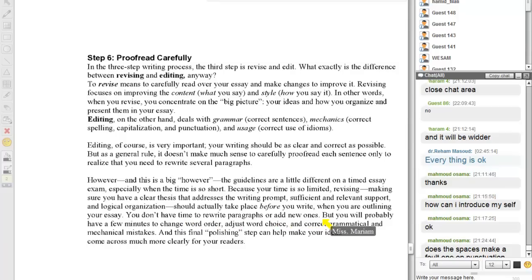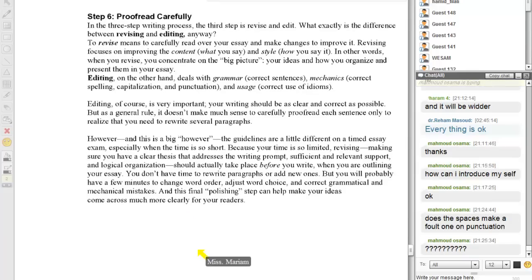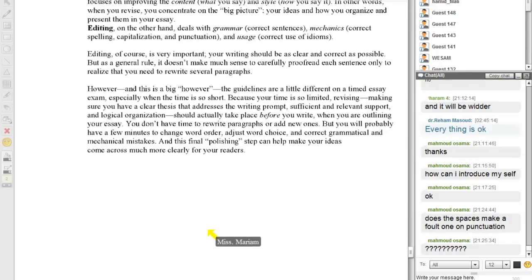You don't have time to write paragraphs or add new ones, but you will probably have a few minutes to change word order or adjust word choice and correct grammatical mistakes. And this final polishing step can help make your ideas come across much more clearly for the readers.